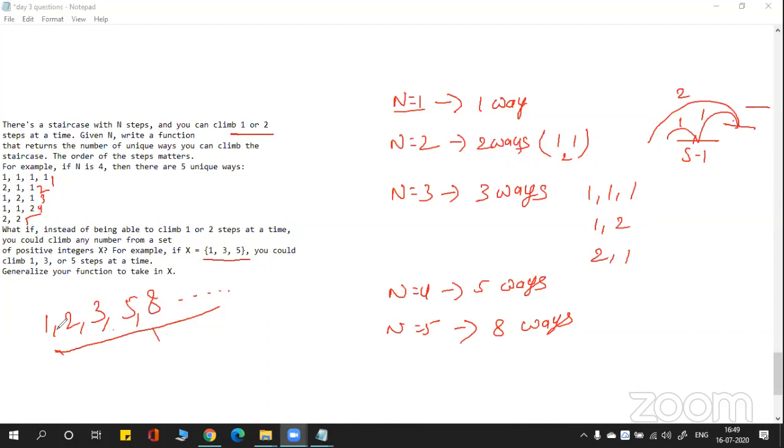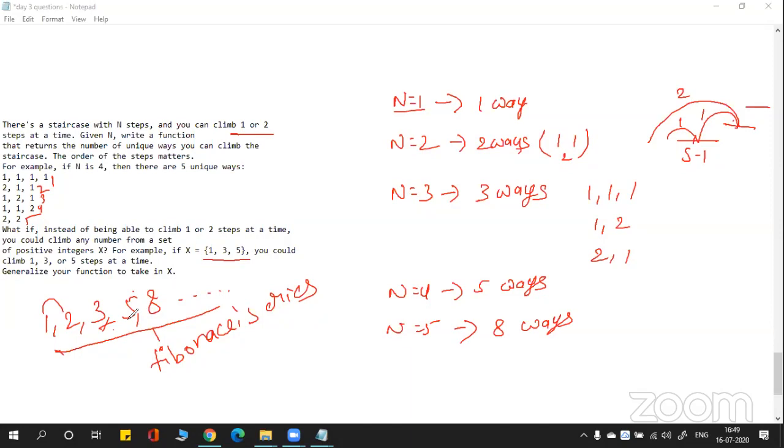Exactly. 3 can be written as 1 plus 2, 5 as 2 plus 3, 8 as 3 plus 5. So can I say this is nothing but the Fibonacci series? Yes. If you want 3 steps, you can get there by using 1 or 2.